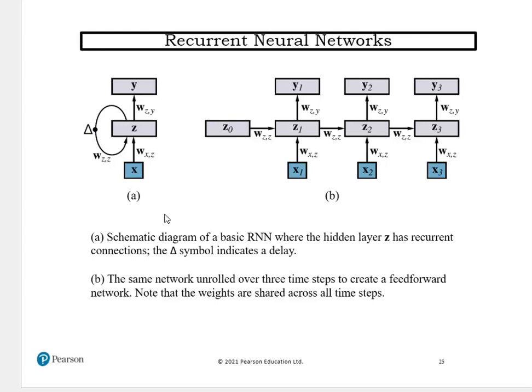For example, if you're doing a time series problem and you're interested in the error at each time period, then you will compare y1 to y hat 1, y2 to y hat 2, and so on. If you're doing text translation, you will see that we will construct a loss function that is different.